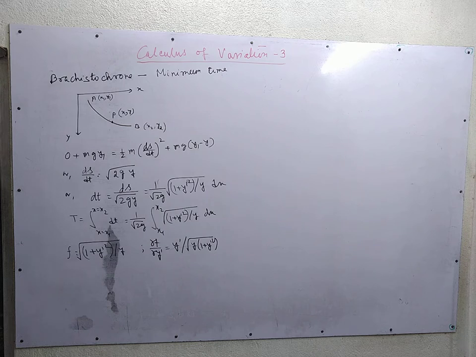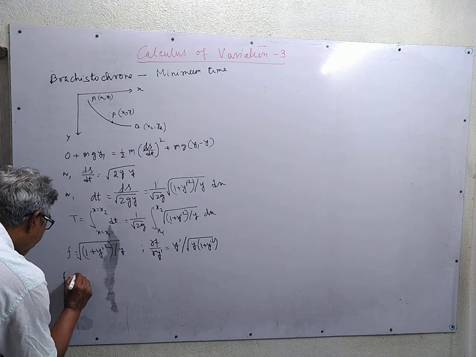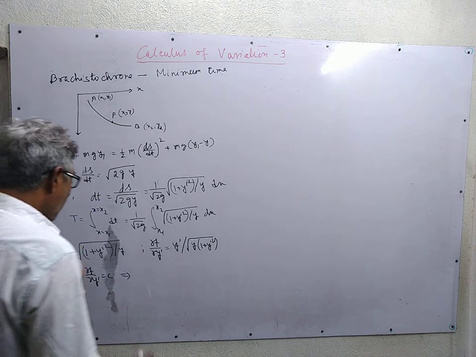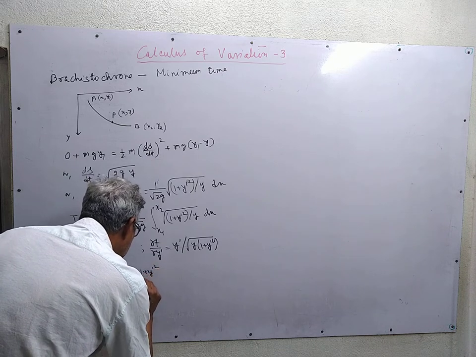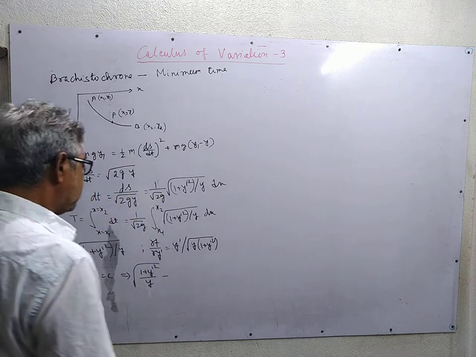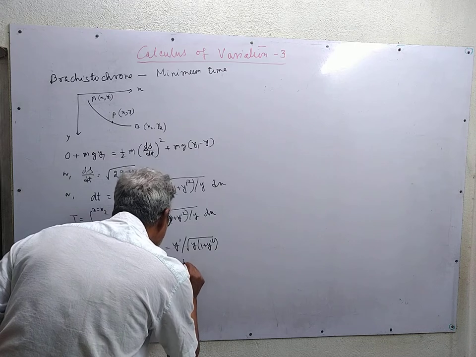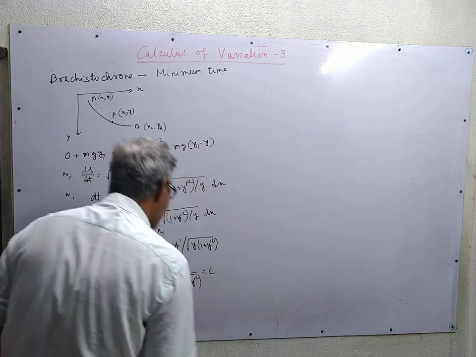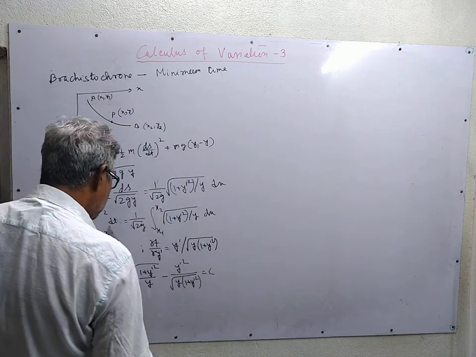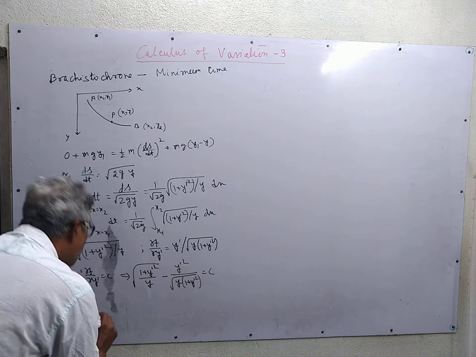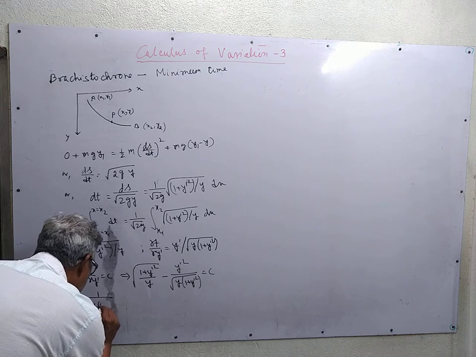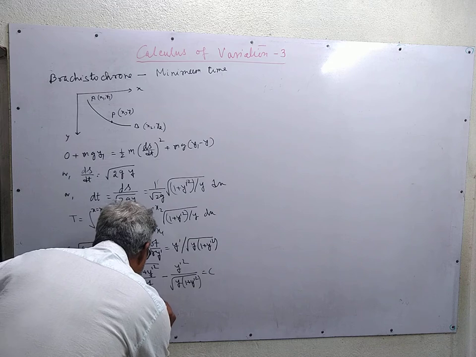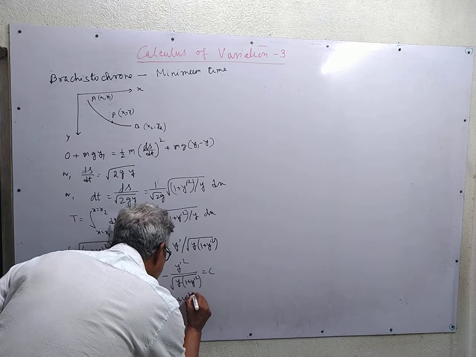Since f does not depend on x, the second form of the Euler-Lagrange equation, that is f minus y prime del f del y prime is equal to constant, gives us c square y into 1 plus y prime square is equal to 1.